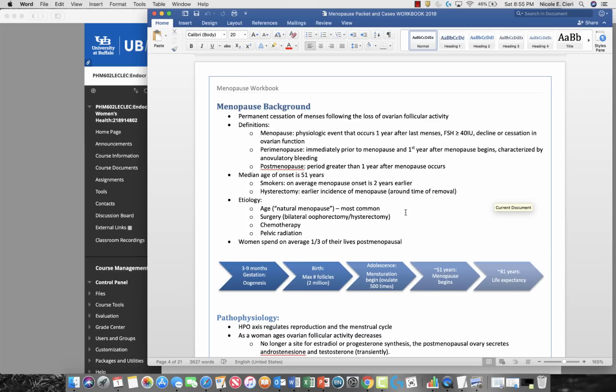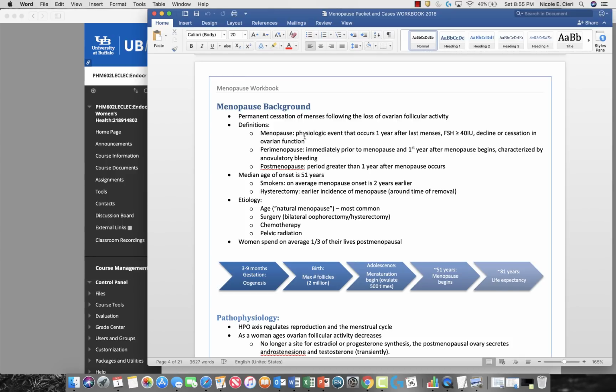So when we talk about menopause, it's really that cessation of ovarian function. And there are a couple of definitions that are specific to the time period. Menopause itself is a physiologic event that occurs 1 year after the last menstrual period. It's characterized by an FSH greater than 40 units, which is elevated. So then we would know that the body is trying to upregulate and there is not enough estrogen being produced.